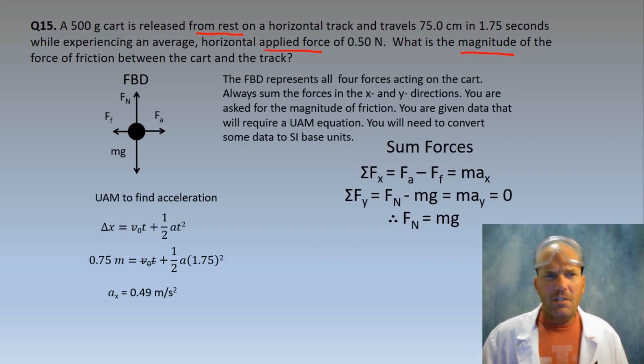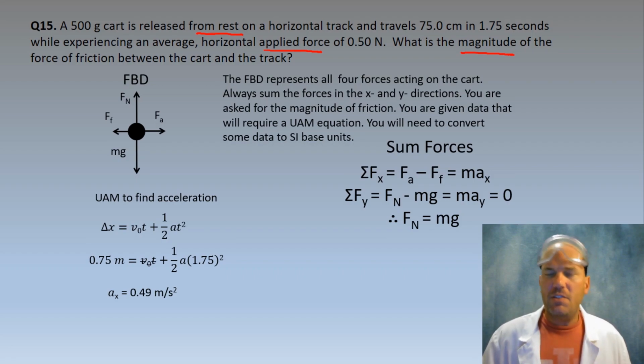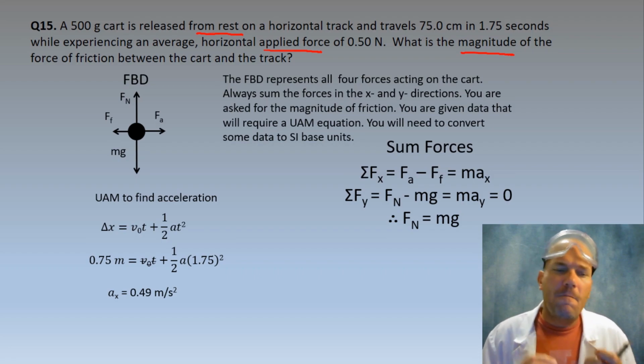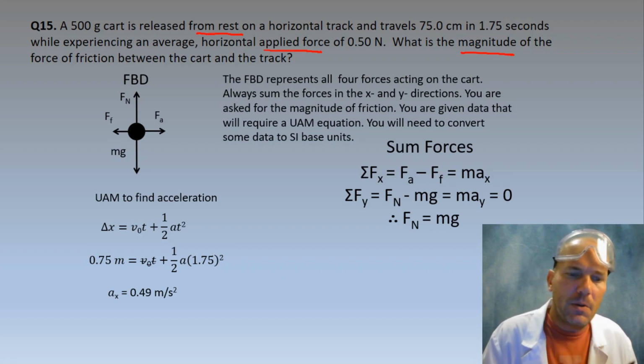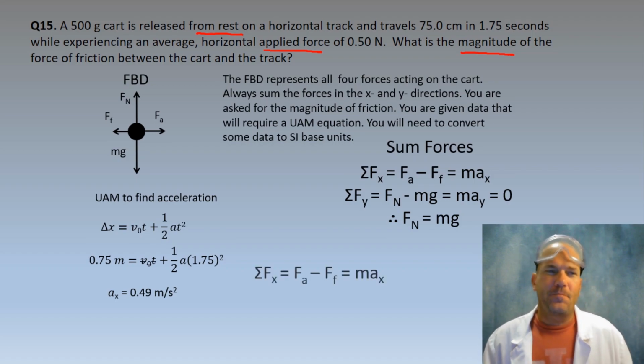However, as I've underlined in this problem, the initial velocity is 0 because it starts from rest, so that piece goes away. And so we are left with 1/2 multiplied by the acceleration and time squared. Solving for the acceleration in the x direction, you get 0.49 meters per second squared. So that's going to be an acceleration to the right.